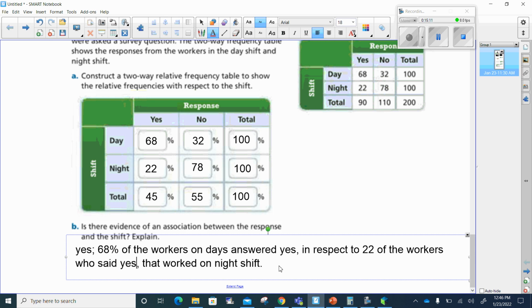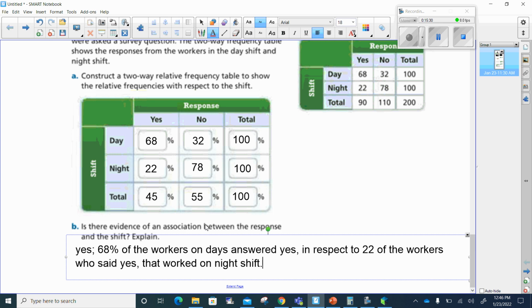All right. You could have had a variety of answers like 32% of the workers on day shift said no, in respect to 78% of the workers that said no on night shift. Okay.